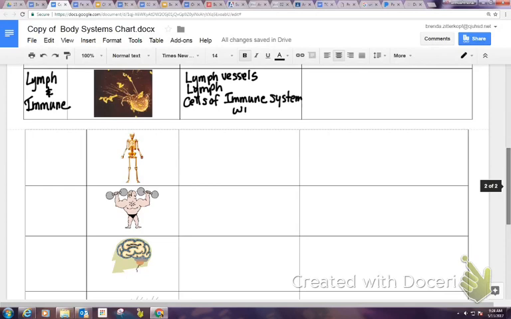So those would be the white blood cells. The job of the lymphatic system and the immune system is to fight infection, to defend the body from pathogens.